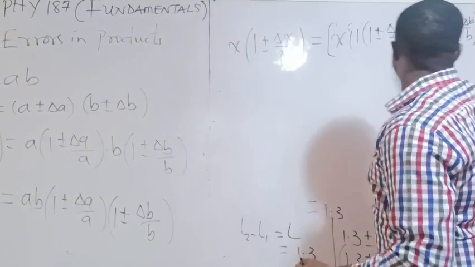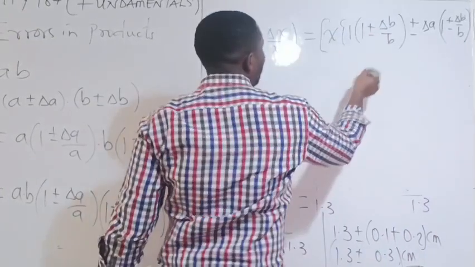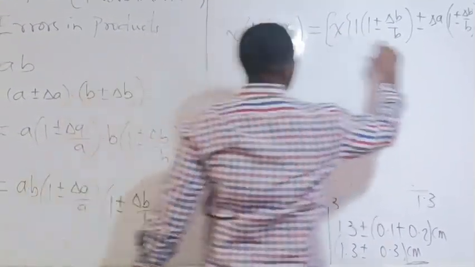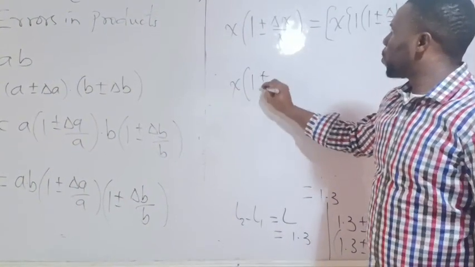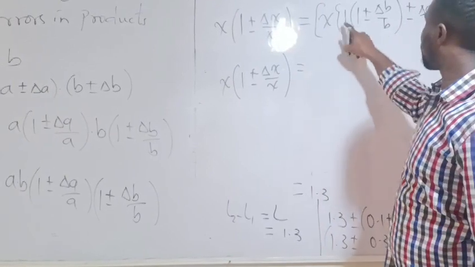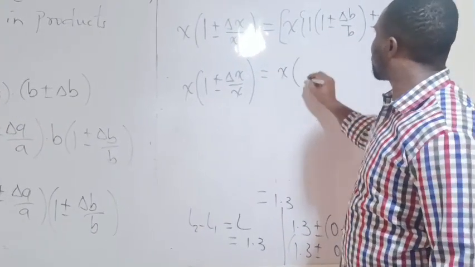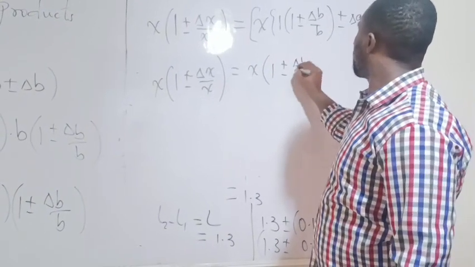Now we could stick in a square bracket here. If you open up the bracket, I have x into bracket 1 plus or minus delta x over x, which equals x into bracket 1 times 1 is 1 plus or minus delta b over b.